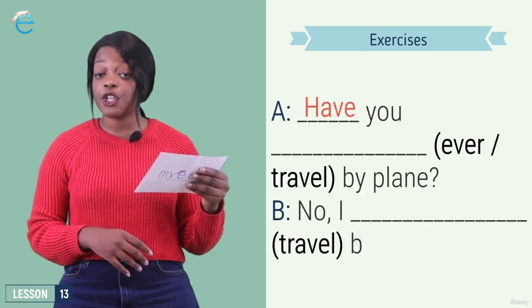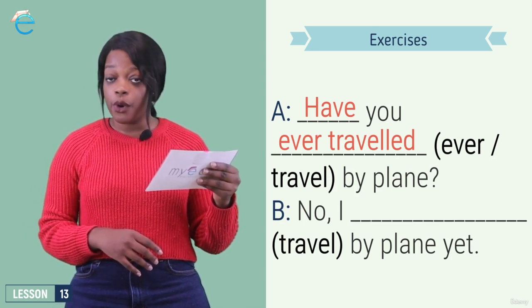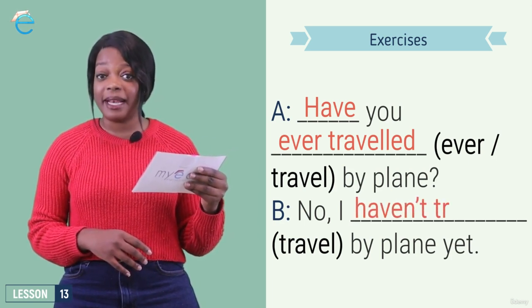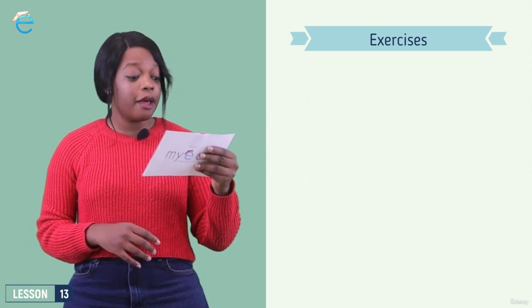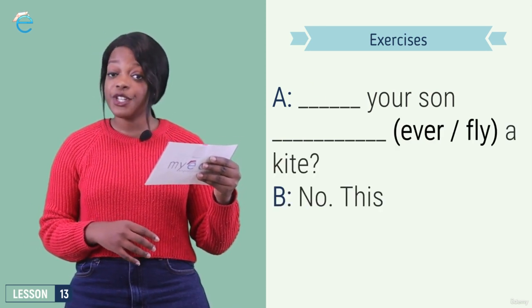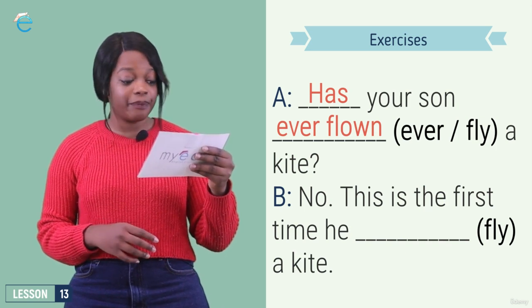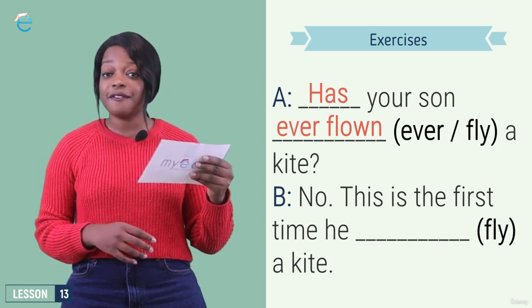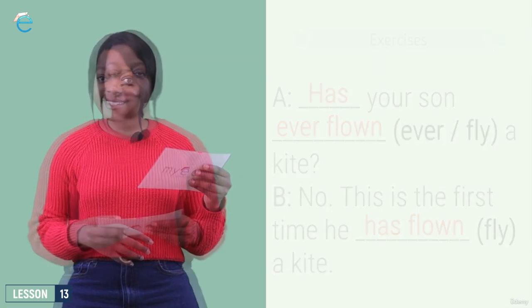Have you ever traveled by plane? Answer: no, I haven't traveled by plane yet. And number 10, blank your son blank a kite. Has your son ever flown a kite? Answer: no, this is the first time he has flown a kite.